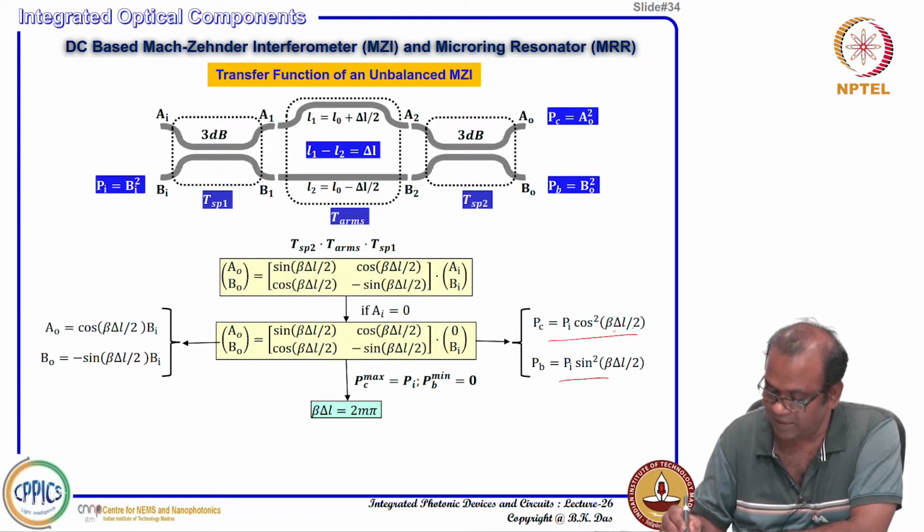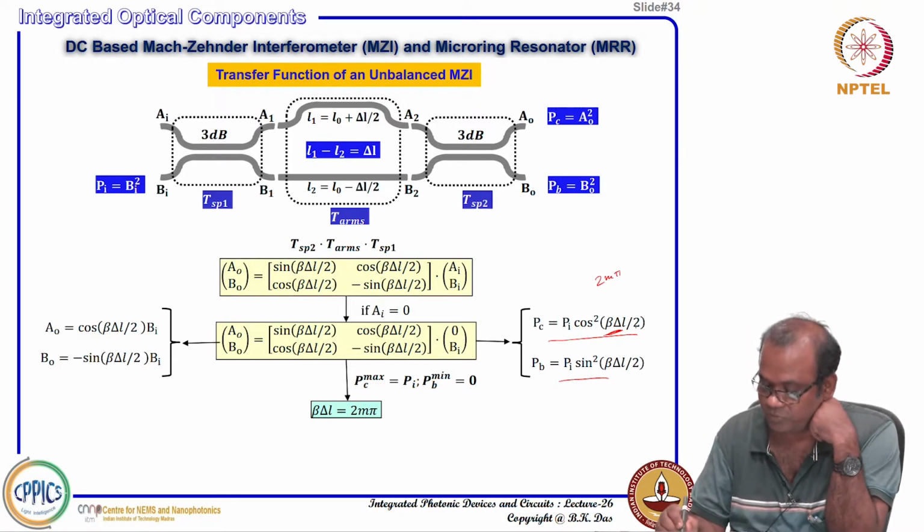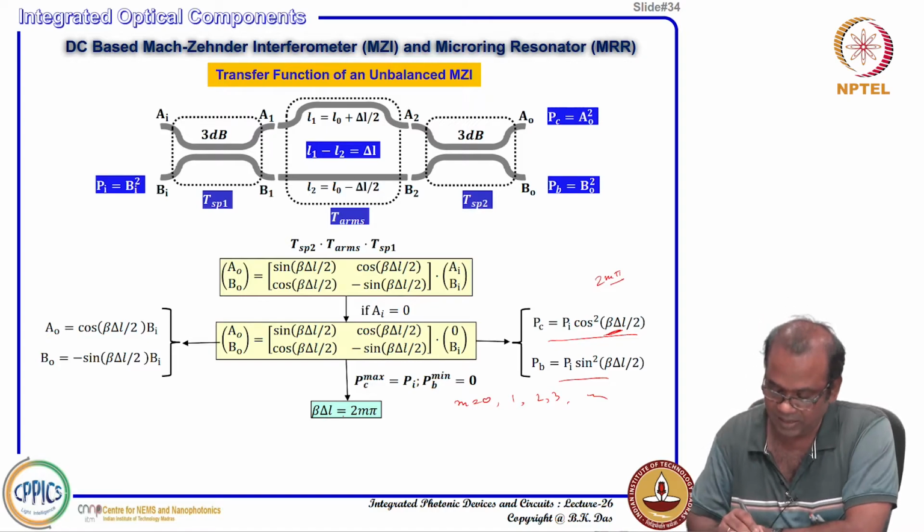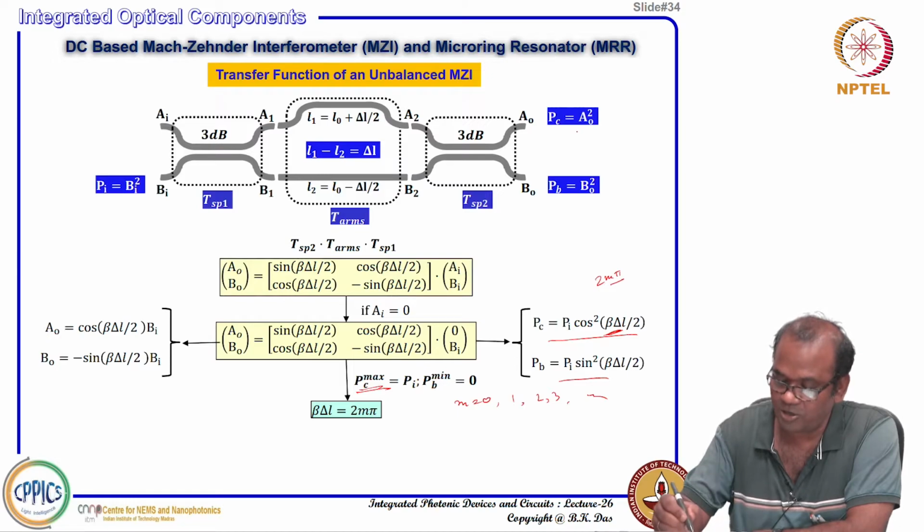So, if I just consider beta delta L by 2 equal to m pi, then 2 cancelled, that means integer multiples of pi. m can be 0, 1, 2, 3, 4, and so on. So, if beta delta L equals 2m pi, then I ensure that the cross port will be maximum.